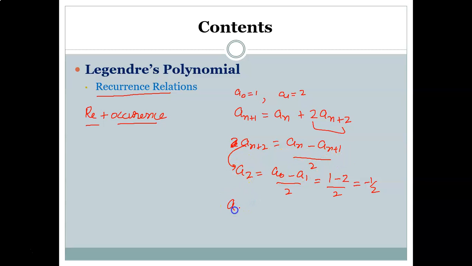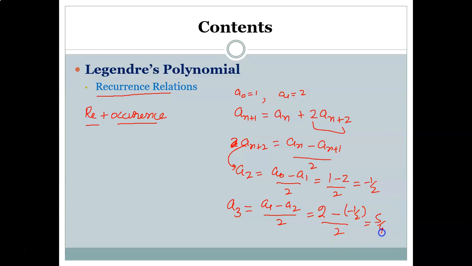Similarly, when you find the value of a3, you put here n equal to 1 so that you can get a3. When you put 1 here, you get a1 and a2, divided by 2. You already know a1 is 2, and the value of a2 you obtained is minus 1 by 2, so this is in fact 2 plus 1 by 2, which is 2 and a half, that means 5 by 2 divided by 2.